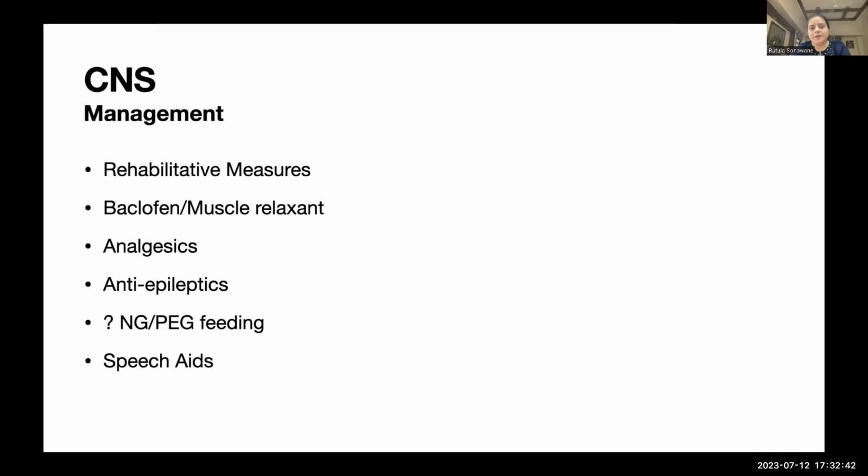Then coming to speech aids, again with the rehabilitative measures, especially with patients with aphasias, we can use certain speech aids to facilitate communication with the patient. There are a lot of speech aids in the form of those laser pointer ones where they spell out what they want to say.